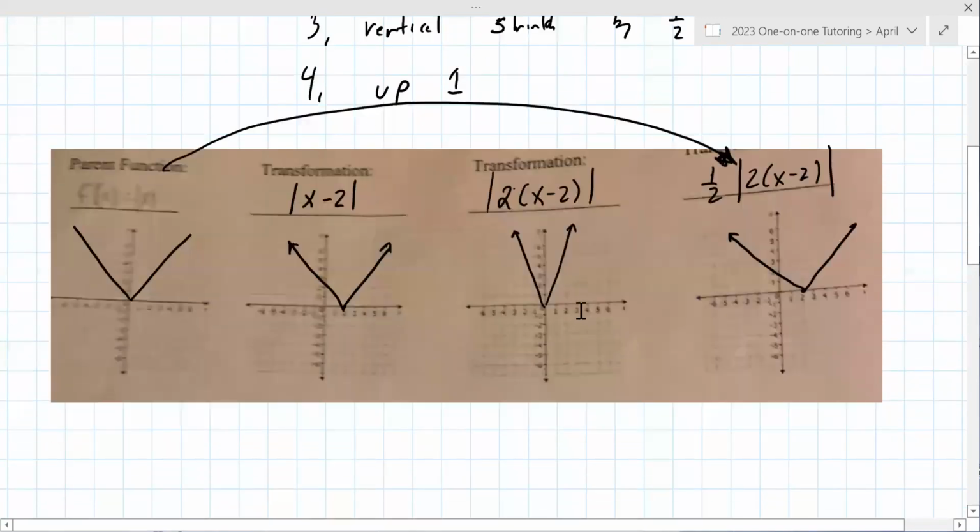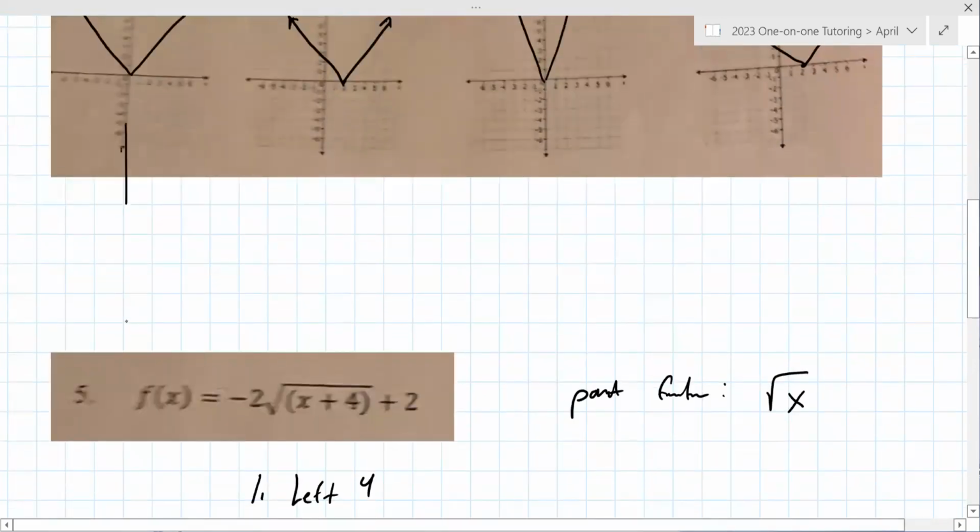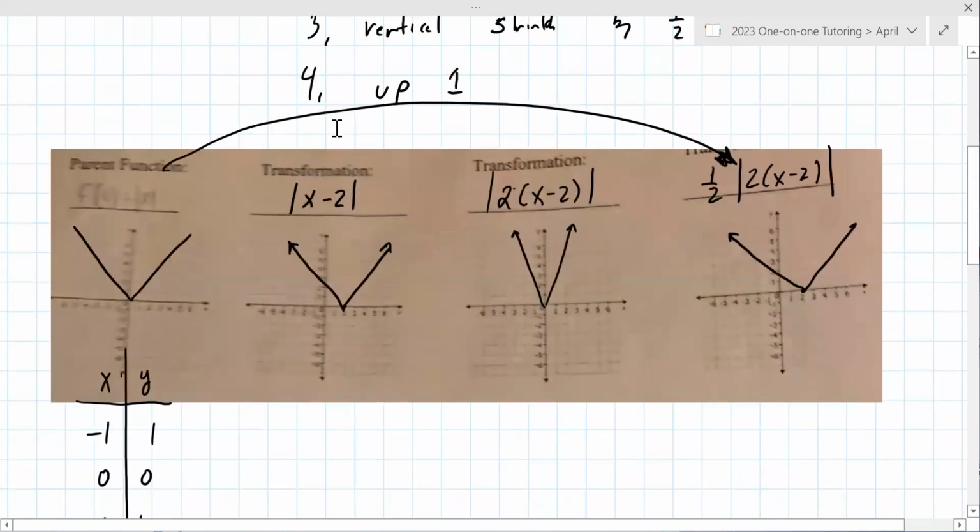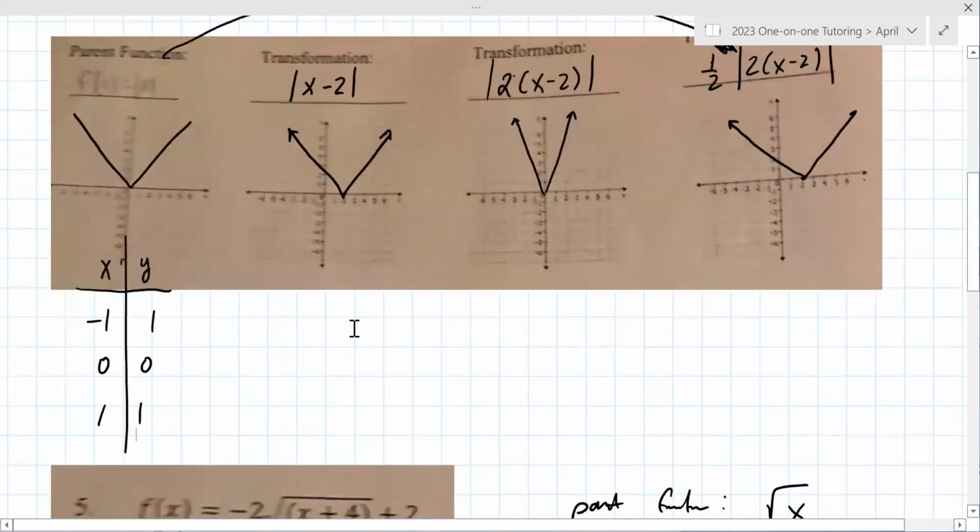So looking at that one, or here, I'll flip it over. That's problem 4, correct? Yeah. And your parent function is X, -1 1 0 0 1 1. And then I would move it to the right by 2.